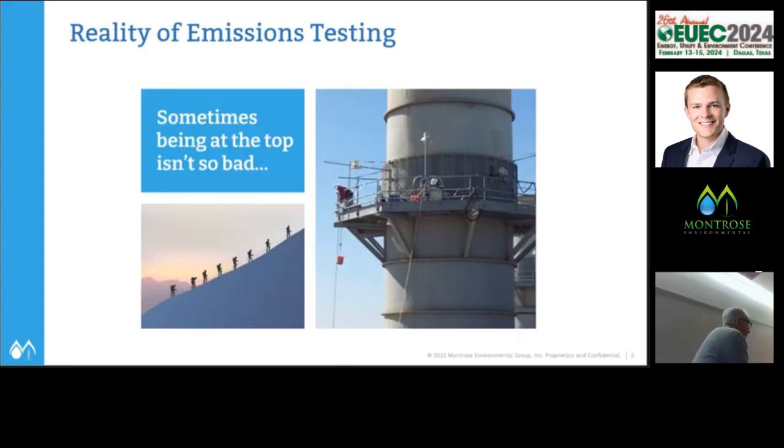Before diving into the nitty-gritty of FTIR, I always like to talk about this slide a little bit on the reality of emissions testing. This guy here, you can see he's pretty small, especially if you're in the back of the room, but he's hauling up a 5-gallon Home Depot bucket, and there's probably some ice, some other things in there.